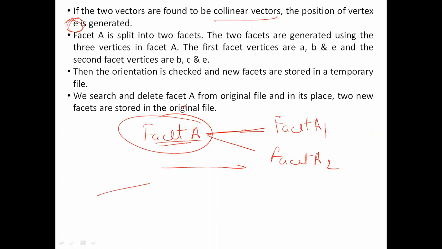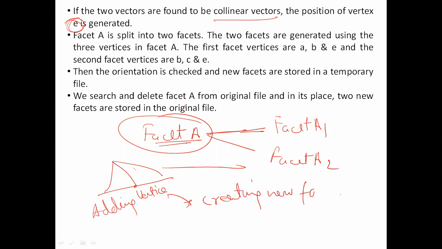You simply remove degeneracy by adding a new vertex and creating new facets.